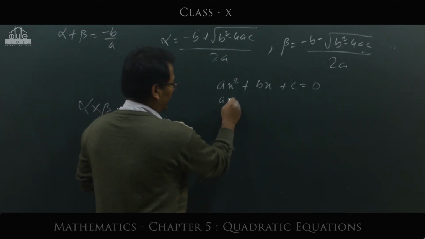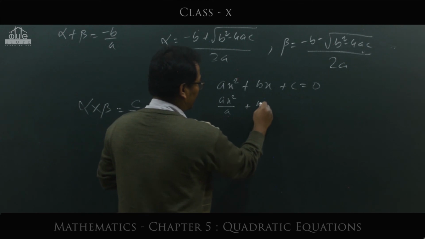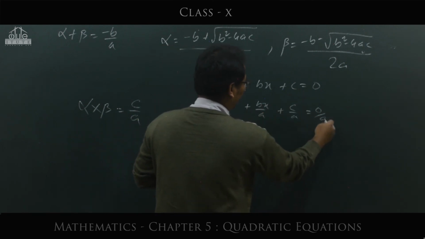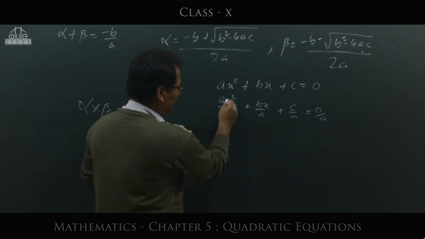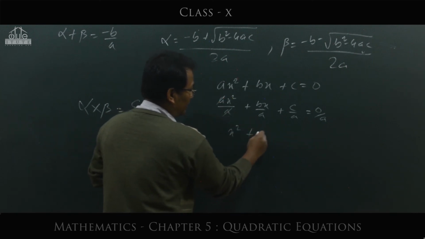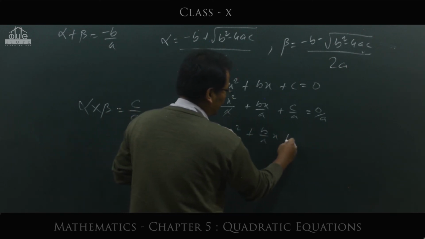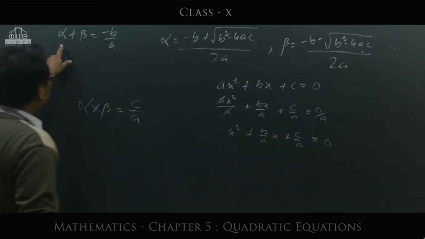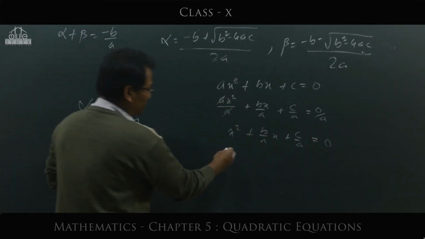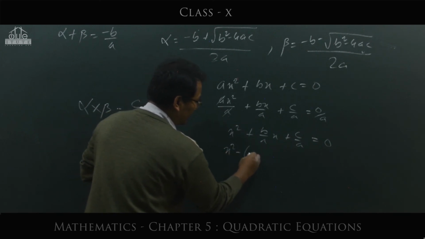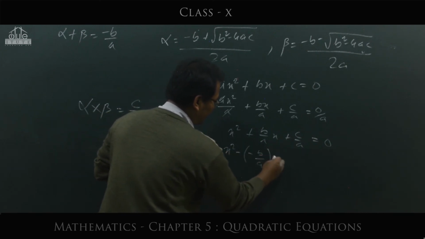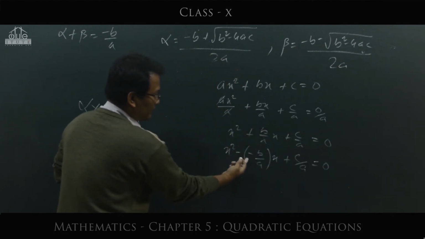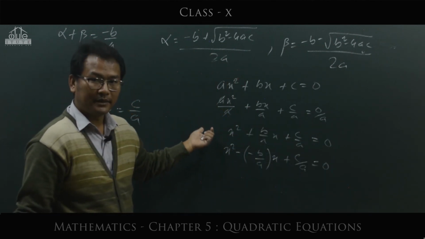So I have ax square by a plus bx by a plus c by a, 0 by a. So 0 by a is 0. So this cancels. I have x square plus b by a x plus c by a, this is equal to 0. Now in the sum of the roots there is a negative part, so I express this as minus and minus b by a. Slight modification is done. So when I open this bracket, minus into minus becomes positive, so it remains the same, no problem.